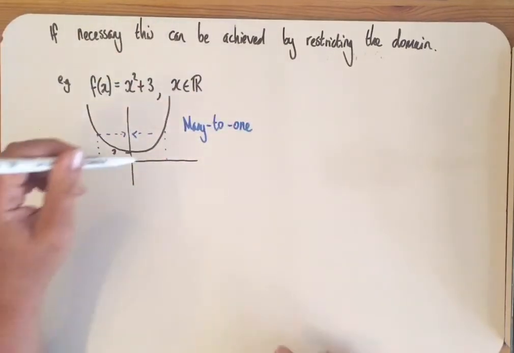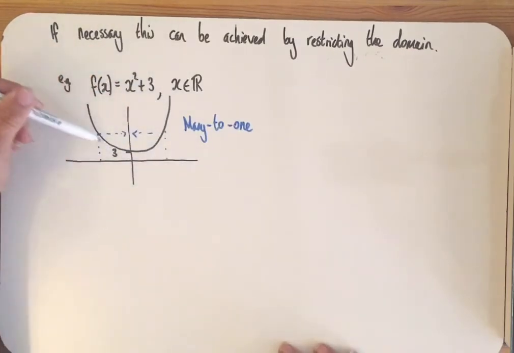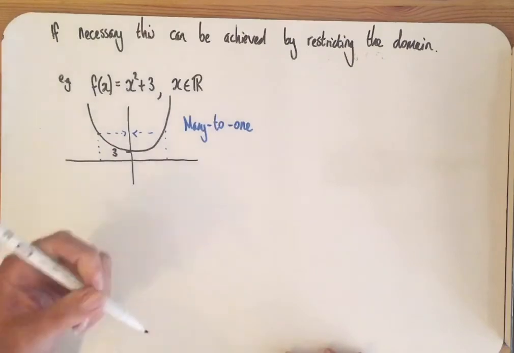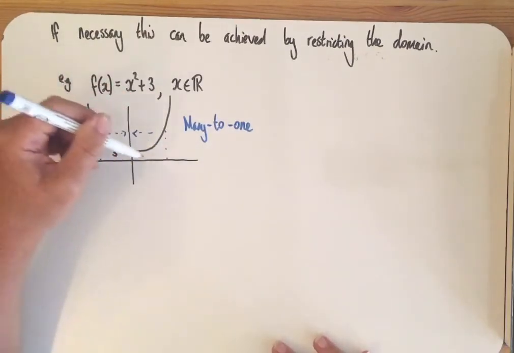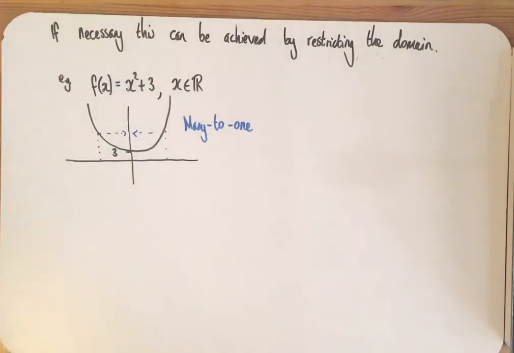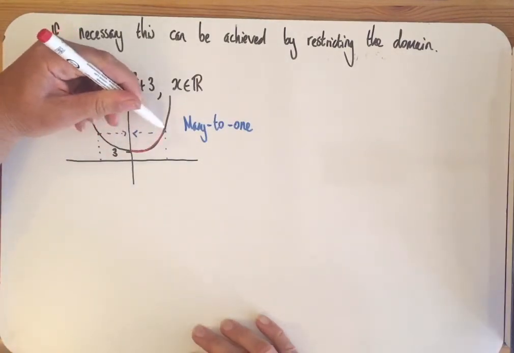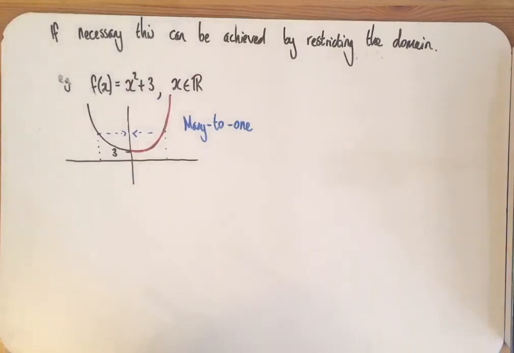So to make this one-to-one, you can't have any overlaps. If you think about it, you can't have a minimum or a maximum turning point, because then you'll have more than one value of x mapping to the same value of y. So in order to make this one-to-one, we can just look at these values on the curve here instead.